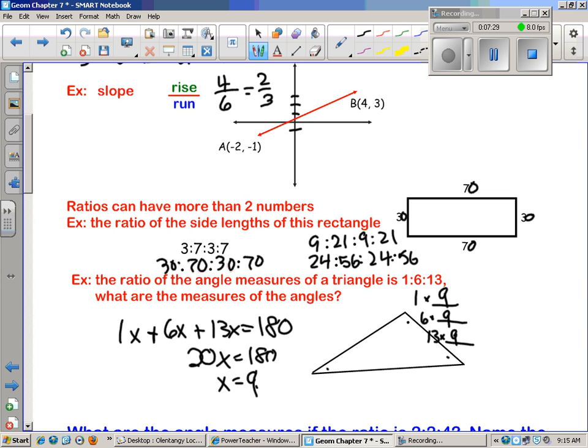So the first angle, angle 1, should be 1 times 9, which is 9 degrees. Angle 2 should be 54, right? Because 6 times 9 is 54. And 13 times 9 is, let's see, 90, 117.